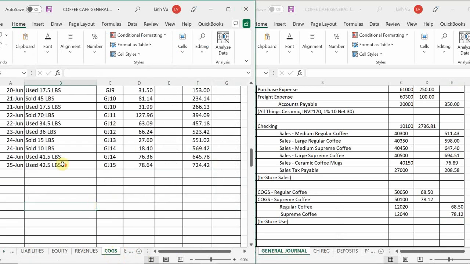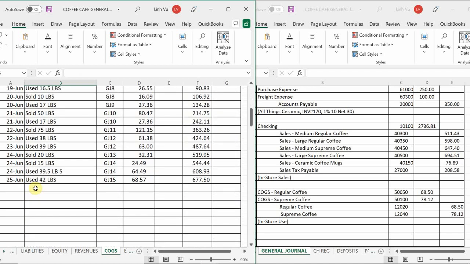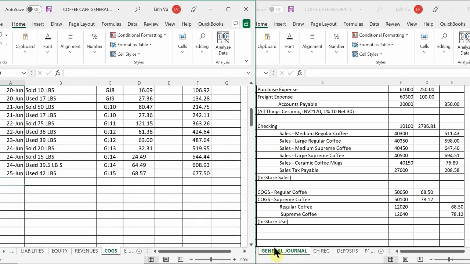Update our inventory, so cost of goods sold first. We used 42 pounds. What's my grand total now? 746.